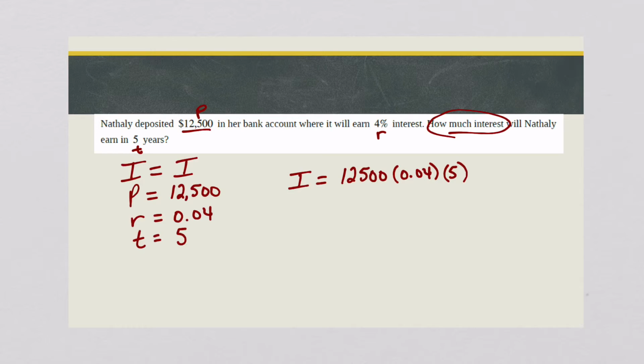So all I'm doing is typing in 12,500 times 0.04 times 5, and I get that I is equal to $2,500. So she would earn interest of $2,500 if she deposited $12,500 in a bank for 5 years at 4% interest.